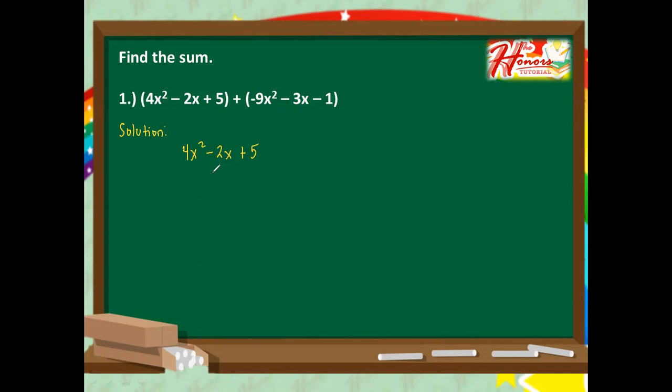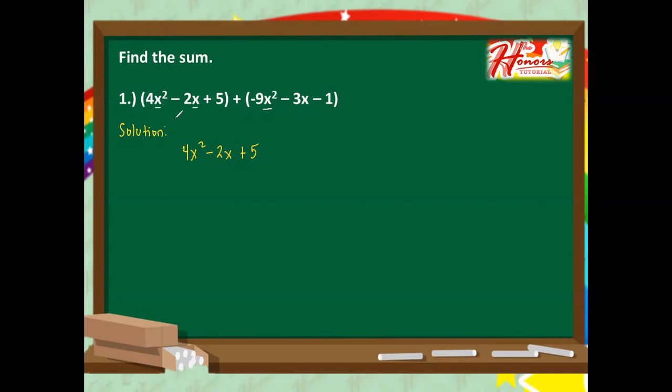How can we say that the term is similar to it? When they have the same variable and their exponents are the same. In this case, x is the variable. But for the first given, we have a lot of x's here.